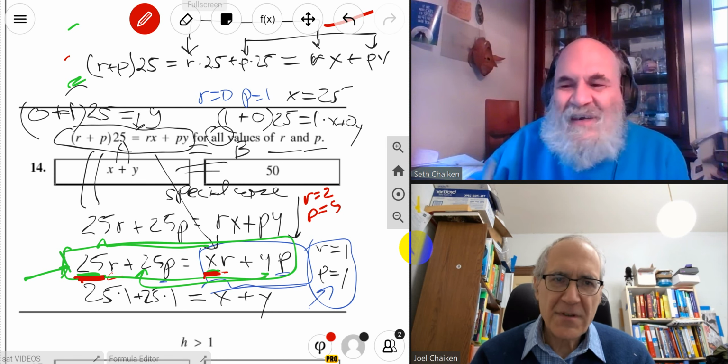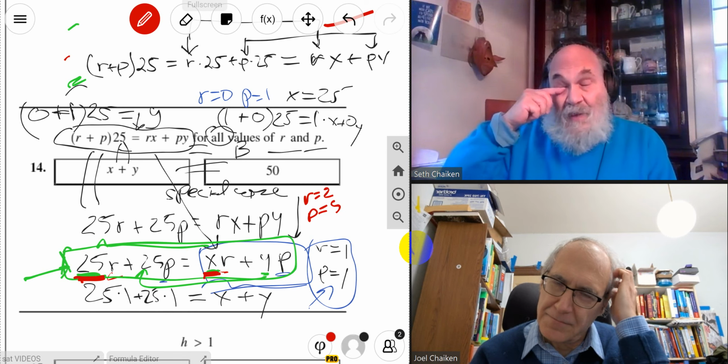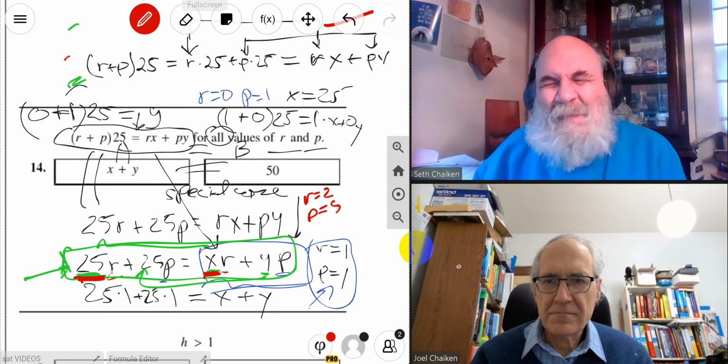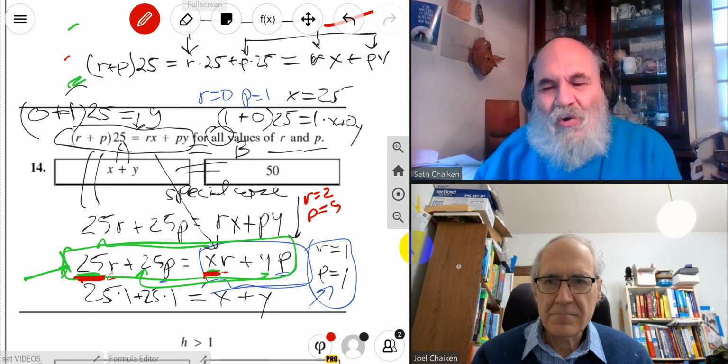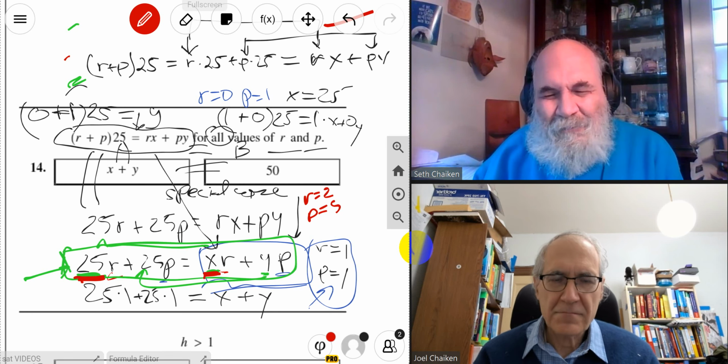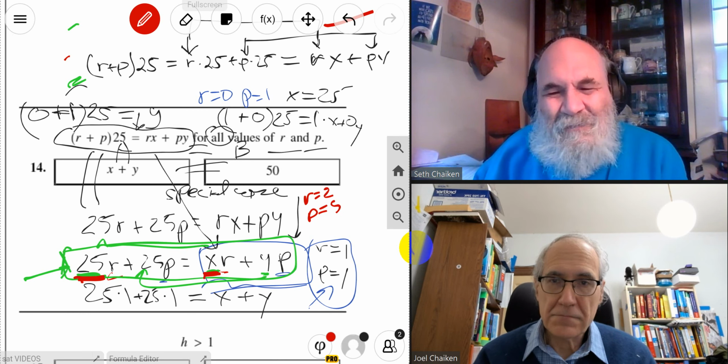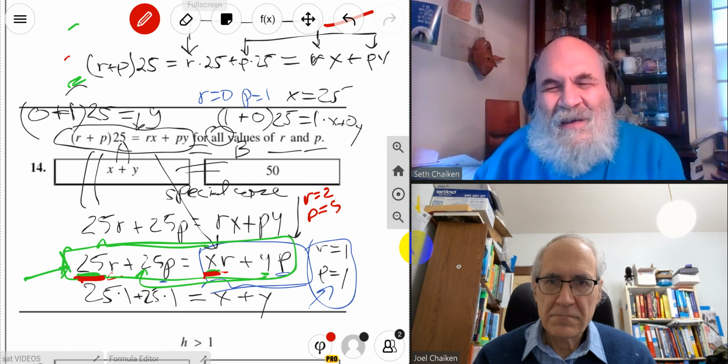So what they did was use R and P in roles that are traditionally used for letters that stand for variables, and they used x and y for constants, which conflicts with the arbitrary tradition that x and y are used as variables.